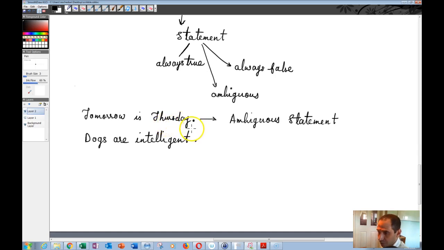It's not something that everybody believes. Some people believe dogs are intelligent, some don't. So there is confusion and ambiguity there. This is also an example of an ambiguous statement.